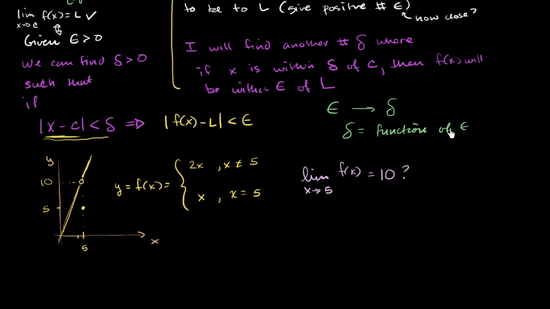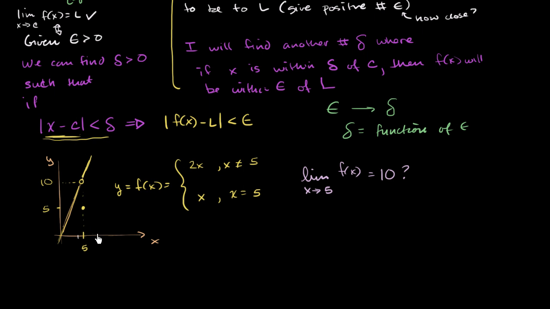So you give me an epsilon, I put it into our little function box, and I will always get you a delta. And if I can do that for any epsilon, so that if x is within delta of c, then the corresponding f of x is going to be within epsilon of L, then the limit definitely exists. So let's try to do that.